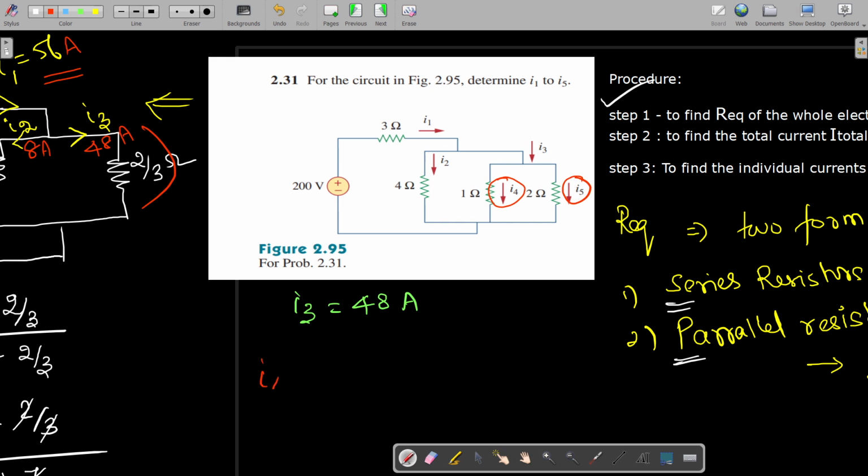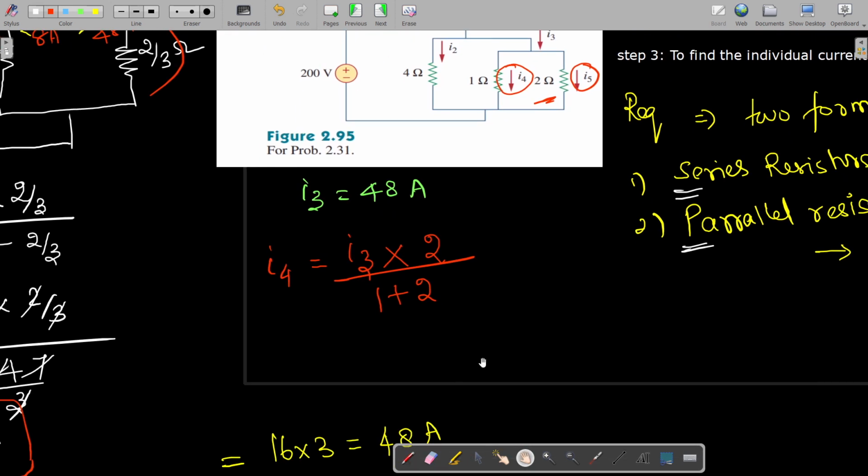So what is this I4? I4 is equal to the total current. The total current here is I3. You should know that. This I3 is divided into I4 and I5. So the total current for this case is I3. So the I4 current can be found out as total current multiplied by the resistance of the other branch. Here the other branch resistance is this 2 ohm resistance, divided by the total resistance. That means 1 plus 2.